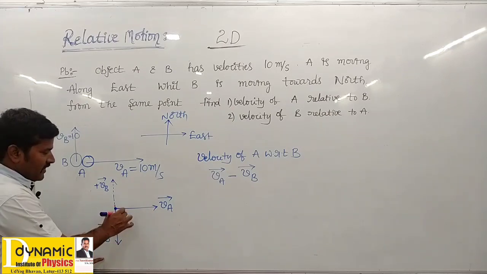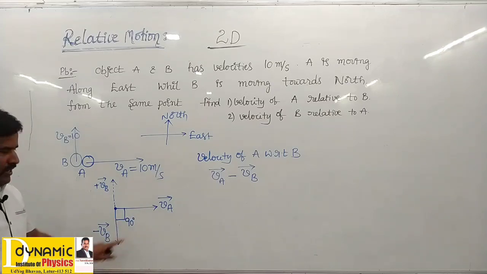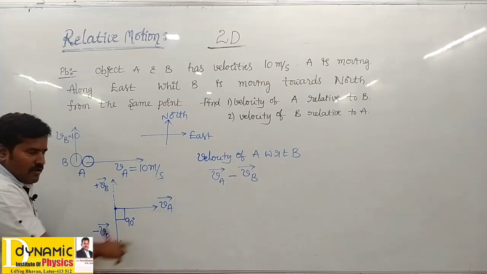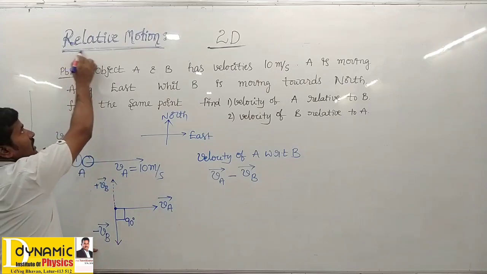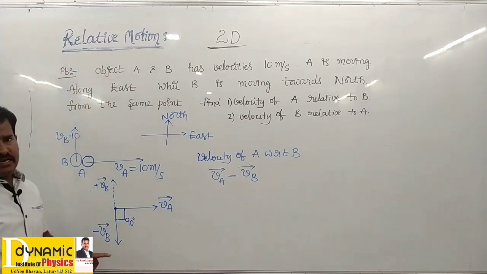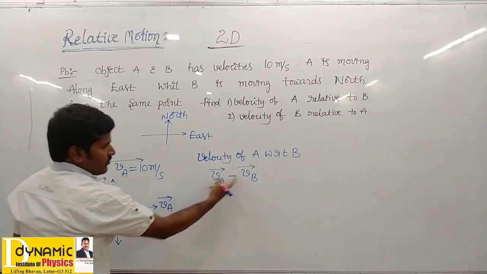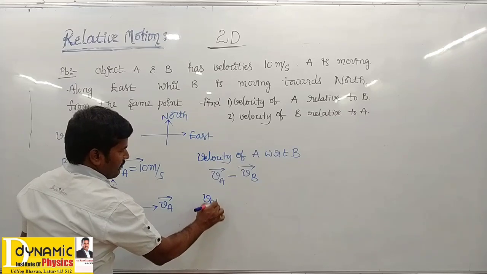The angle between the two vectors is 90 degrees. One is a positive vector, another one is a negative vector. The resultant of a positive vector and a negative vector is called the relative vector. The resultant is written as VAB.